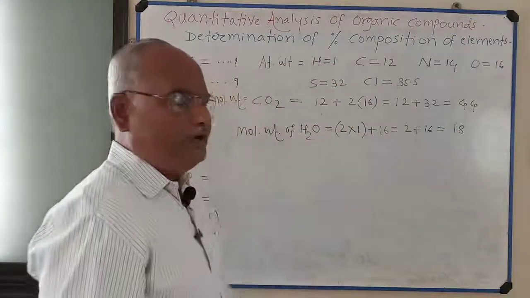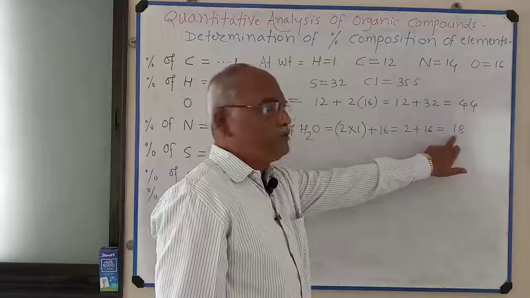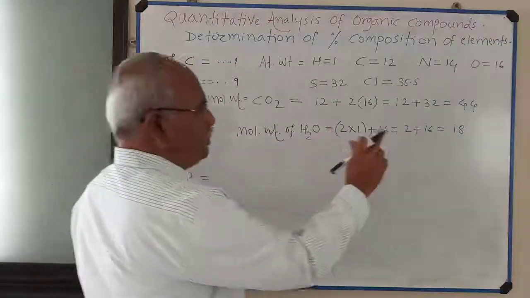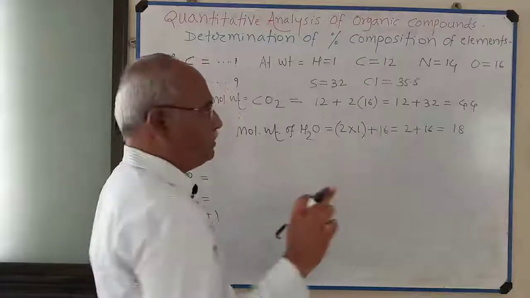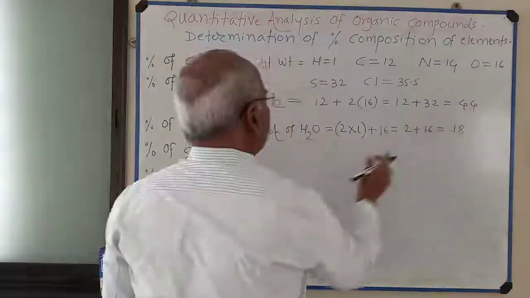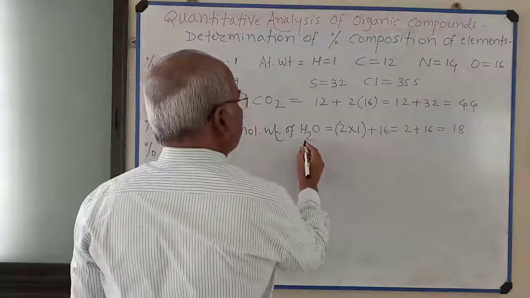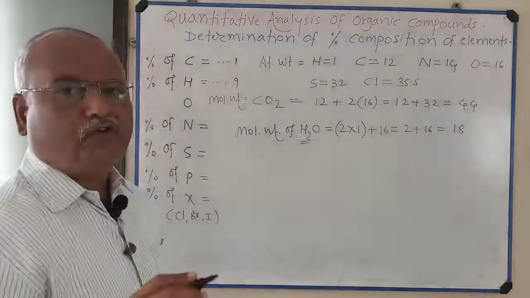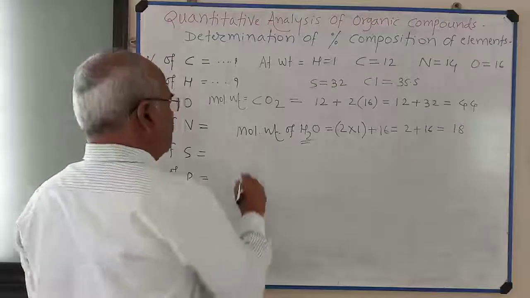So remember, 18 is the molecular mass of water. 18 grams of water contains 2 grams of hydrogen.